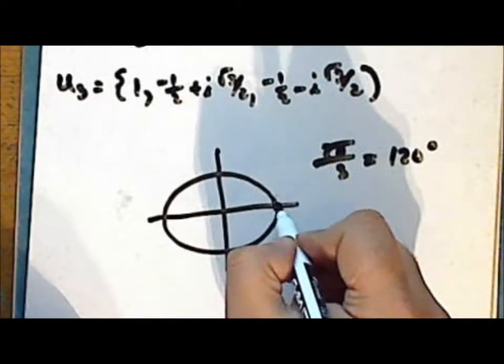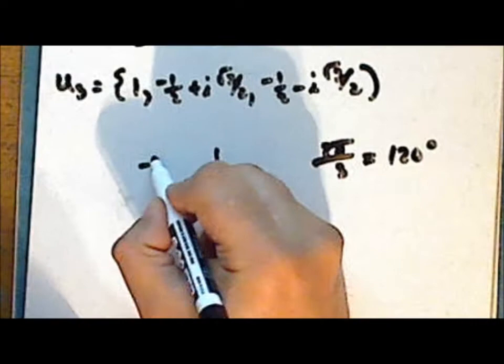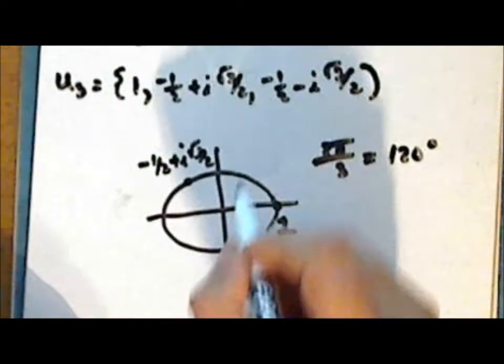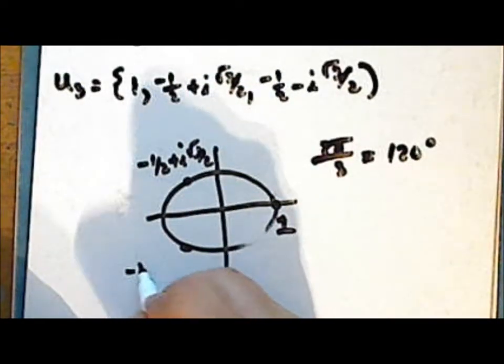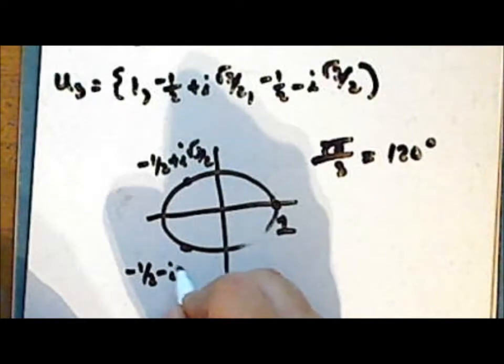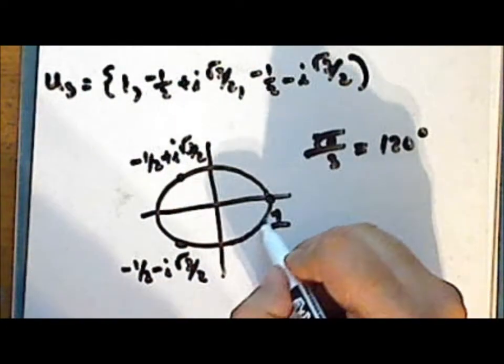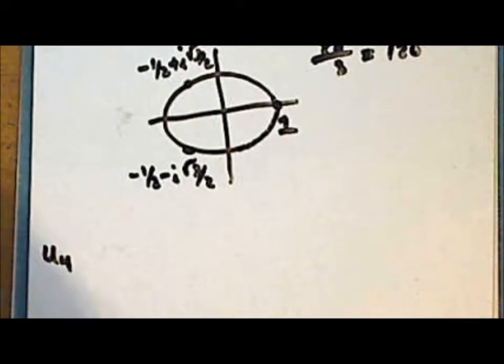So 120 degrees from the number 1, we have the number negative 1/2 plus I times the square root of 3 over 2. And 120 degrees from this, we have the number negative 1/2 minus I times the square root of 3 over 2. So knowing the geometry, we can very quickly determine the fourth roots of unity.